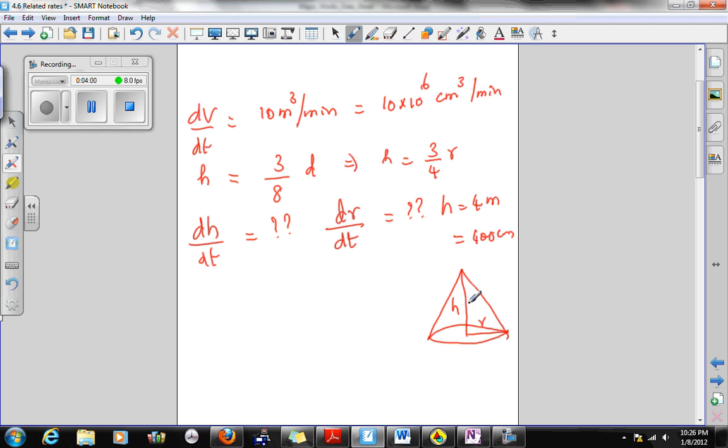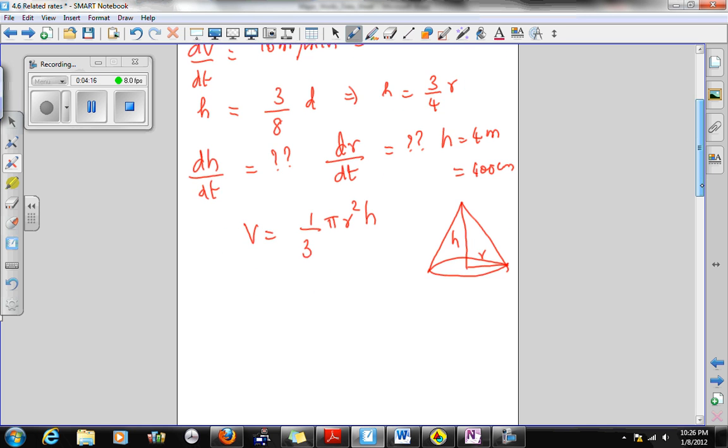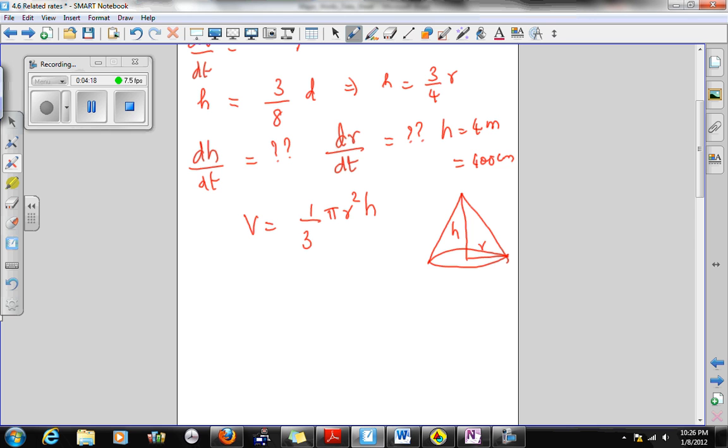Now since we know the rate at which the volume is changing, how do we relate the volume, the height, and the radius of a conical pile? So we know the volume of a cone is 1/3 pi r squared h. So first, beginning with a mathematical model that gives the relationship between volume, height, and the radius of the cone would be the appropriate thing to do.